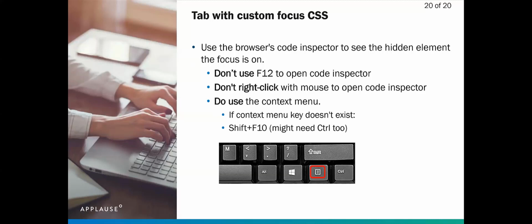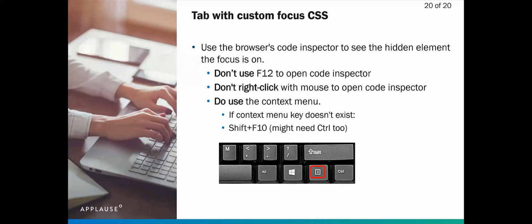Instead, what you want to do is use the context menu, which is typically over on the right side of your keyboard, down near the bottom, on the right side of the space bar. And it looks like, on this screenshot I have here where I've highlighted the keyboard, a kind of three horizontal line menu square looking thing. I'm not quite sure how to describe that.